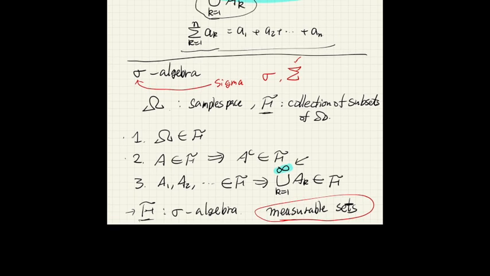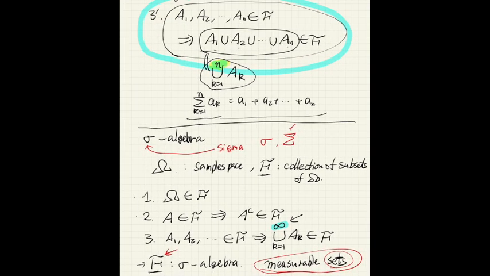The answer is probability. Probability can measure the size of these sets. So elements of these are events, and for those events we can define a probability value. If a subset of omega does not belong to this sigma algebra, then we do not define probability for that event.